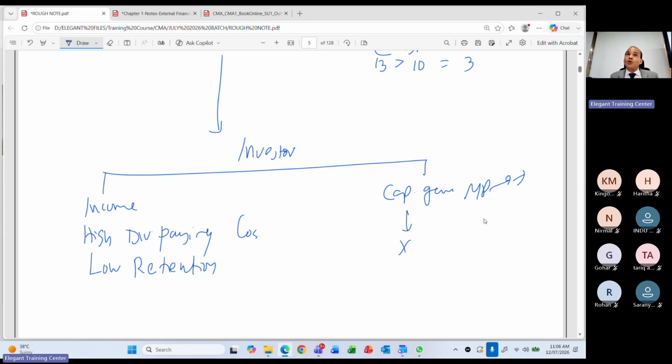You cannot have both high income and high growth. You have to compromise on one. A growing company cannot give you all dividend, because they need money for expansion. So that was our retained earnings. We'll discuss again.